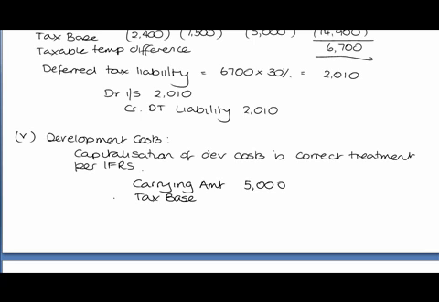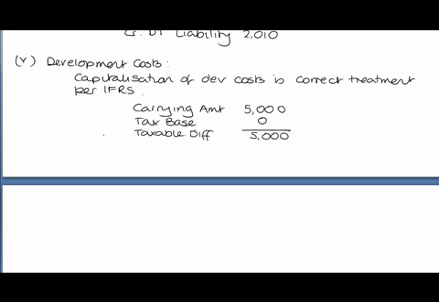Anybody? Anything else? So our taxable difference is 5 million.